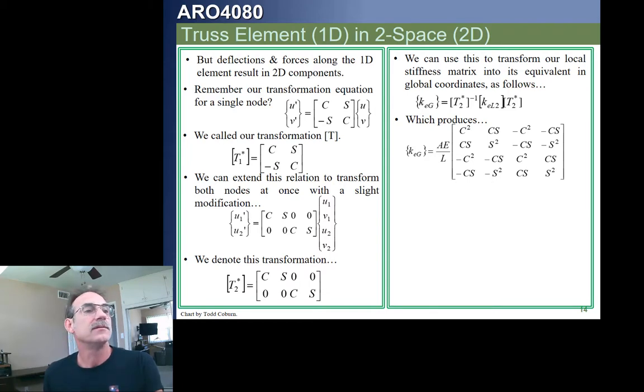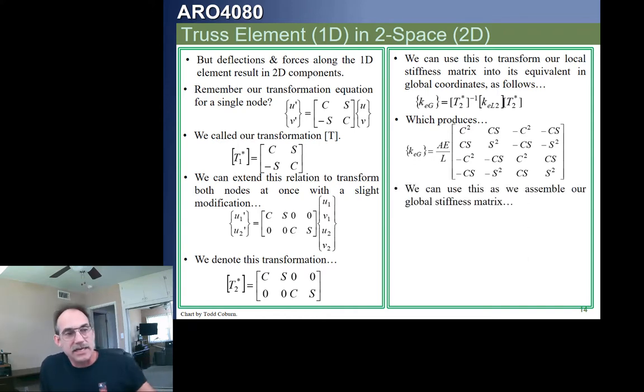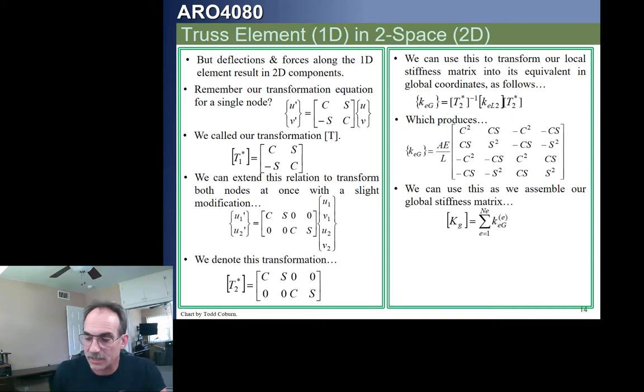Okay? We can use this as we assemble our global stiffness matrix. We're then going to take this, and once again, we will define this with what each node is.